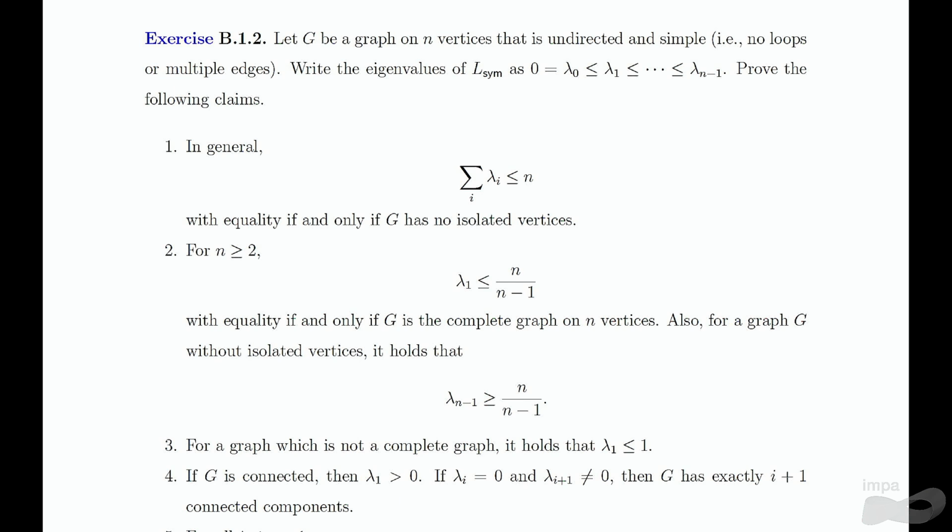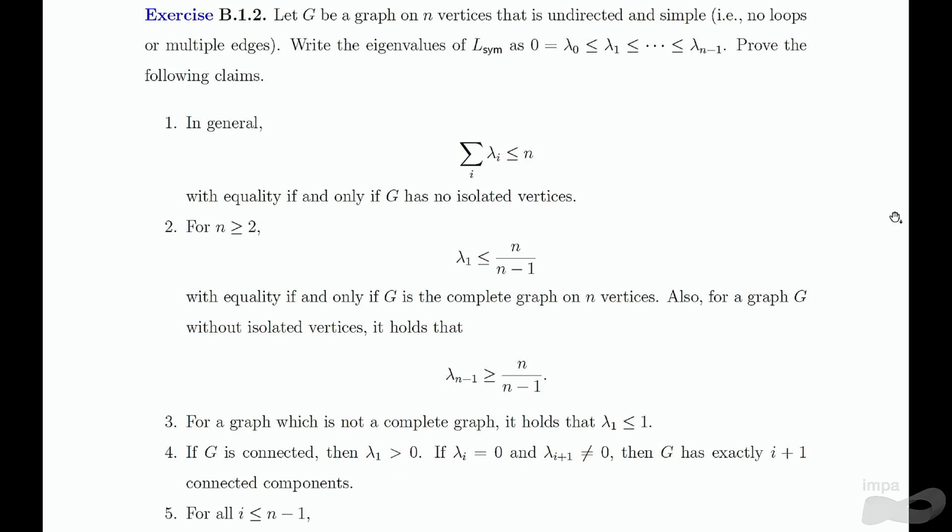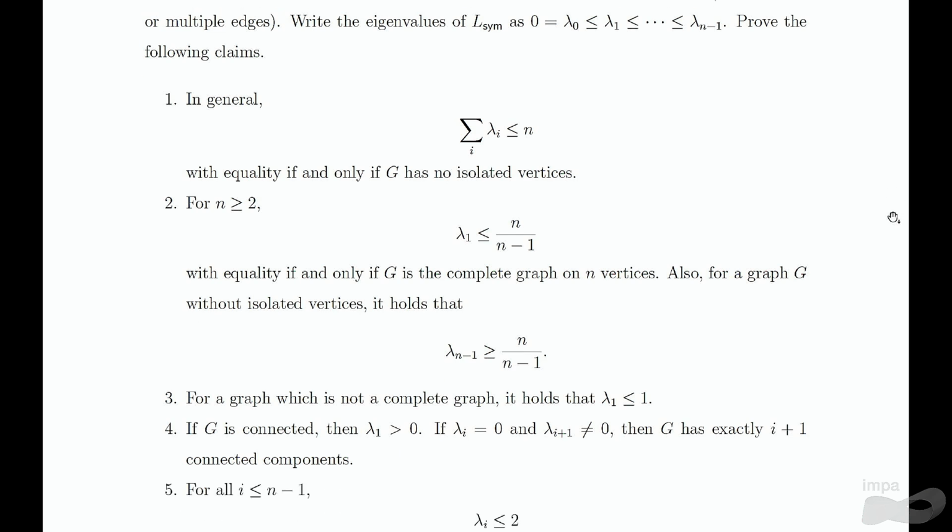And so we have a few claims listed out in this exercise, giving us statements on bounds of eigenvalues and their sums. And in fact, we've already done some of this, in particular, establishing the correspondence between 0 eigenvalues and the number of connected components in our graph.